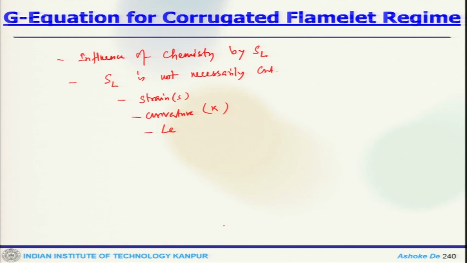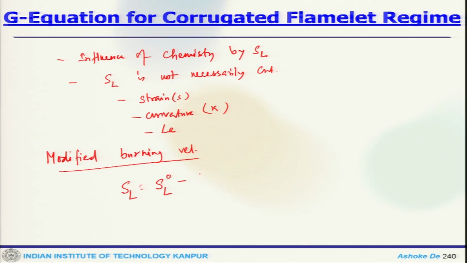So, one can write down this modified burning velocity using this impact. The modified burning velocity is written as SL equals SL naught minus SL naught L kappa minus LS, where this is the influence of curvature, and this is the influence of strain.